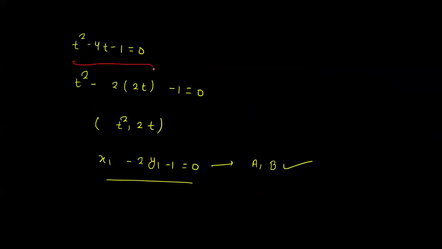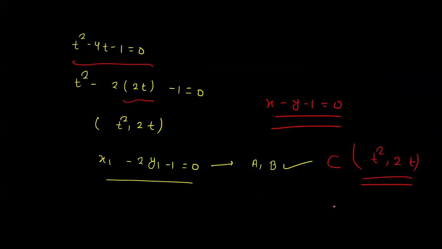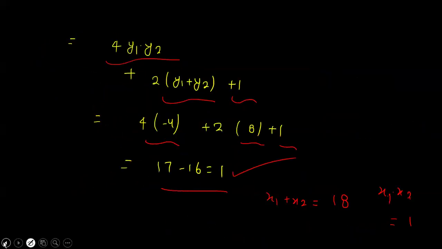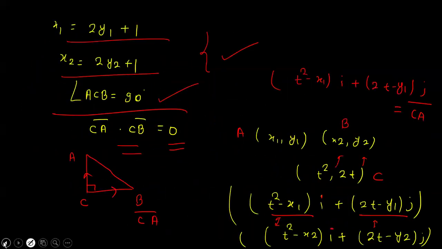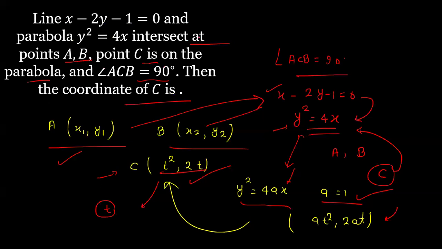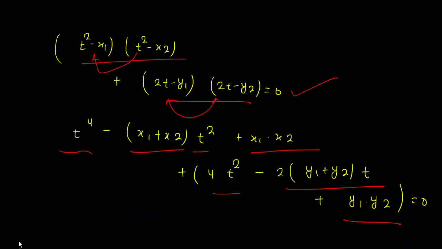And you know our line equation is x minus 2y minus 1 is equal to 0, and the parabola coordinate, the C point coordinate, is t square, 2t. So if you put this in, the line equation is x minus 2y minus 1 is equal to 0.